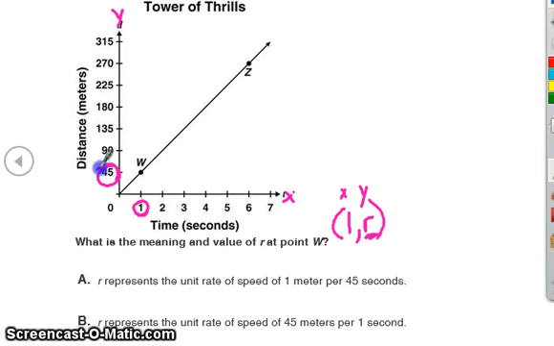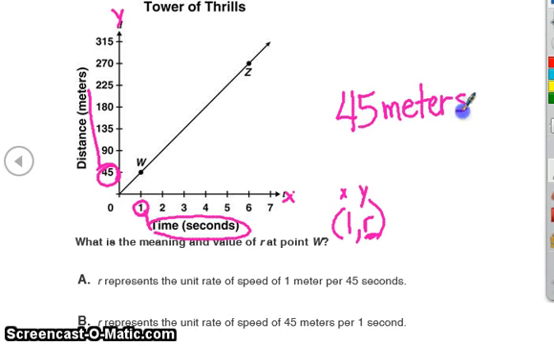45. Now what's the unit of measurement? Distance in meters. Unit of measurement for the 1 is time in seconds. So we're looking for, from the y to the x, 45 meters to 1 second is what we're looking for.